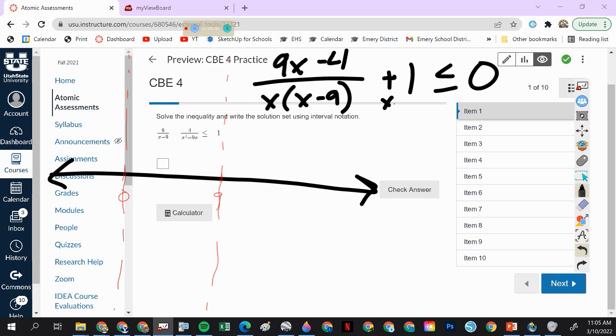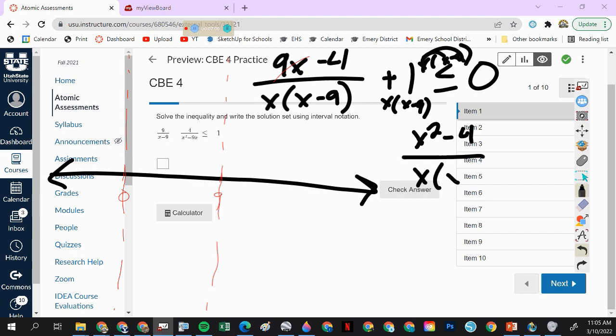So this needs an x times x minus 9, and this needs an x times x minus 9. So the numerator is now, so that's x squared, the 9x and the negative 9x cancel, minus 4 over x times x minus 9 is less than or equal to 0.